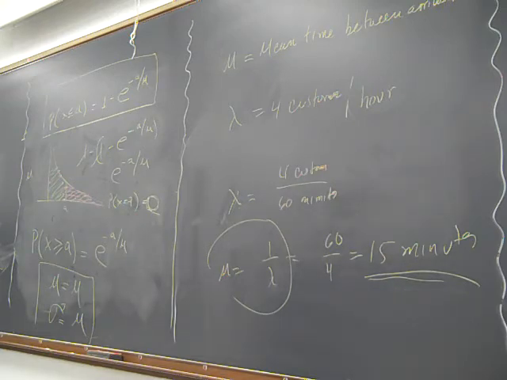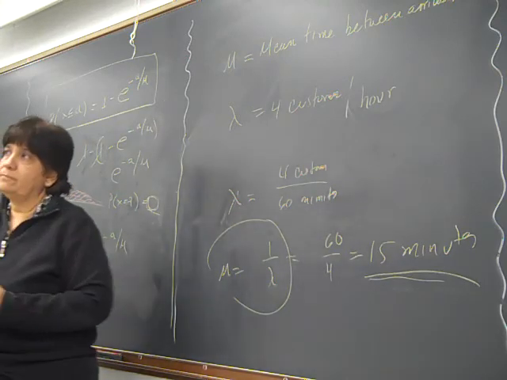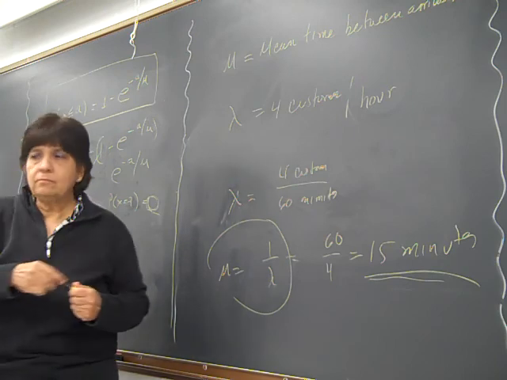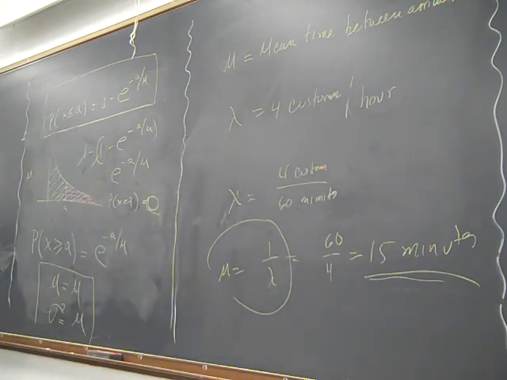I mean, you either have 3 customers or 4 customers or 5 or 6 or whatever. In the exponential distribution, the mean is equal to time, or whatever continuous variable it is.